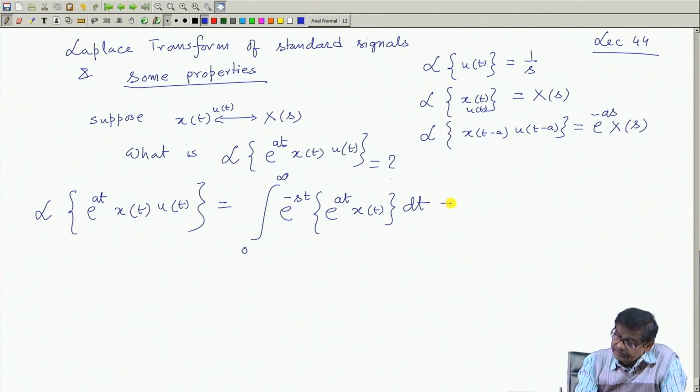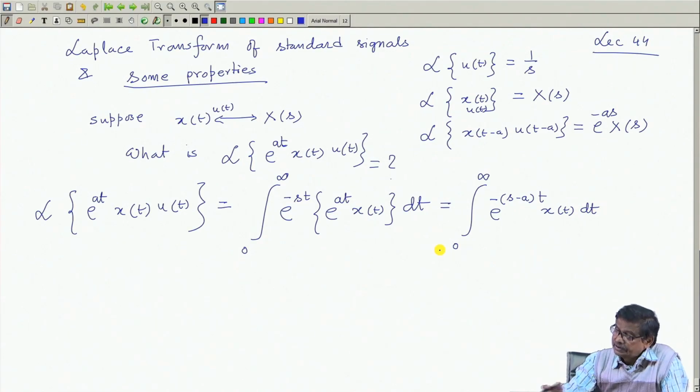So, this integration is equal to the integral from 0 to infinity of e to the power minus (s minus a)t into x(t) dt. That is what you will get.